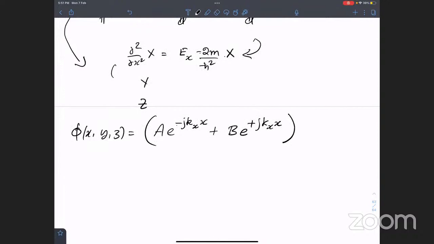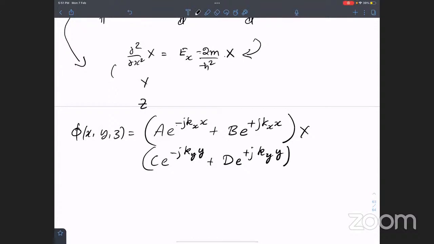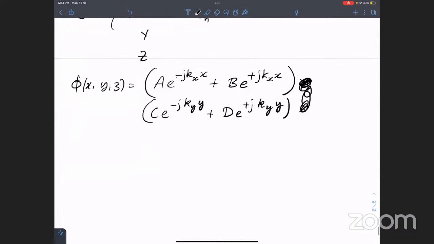This multiplied by c into e to the power minus j ky y plus d e to the power plus j ky y, into, I'll just put a bracket in, you'll realize that they're products, right?